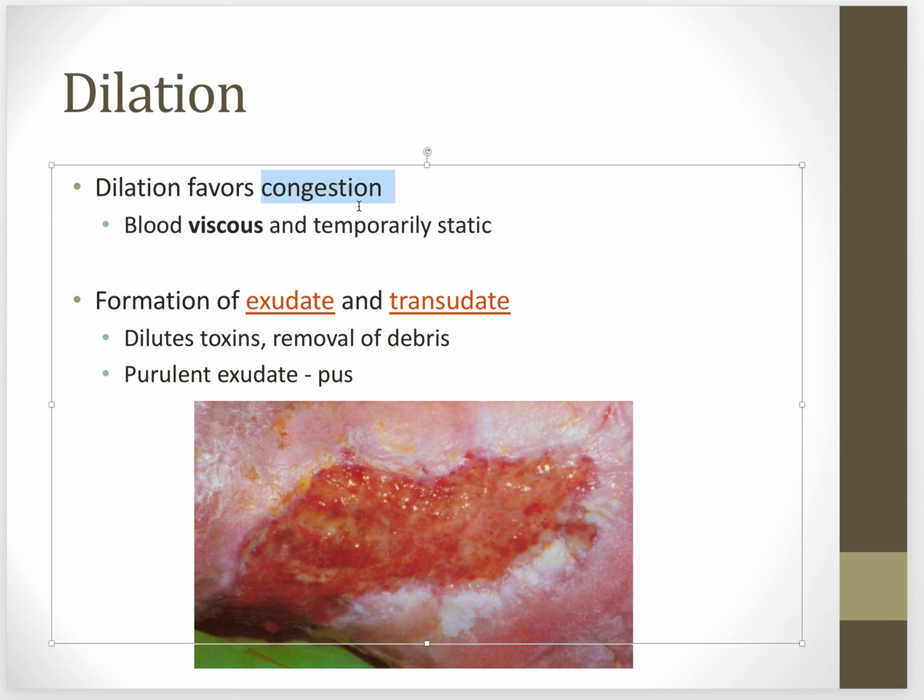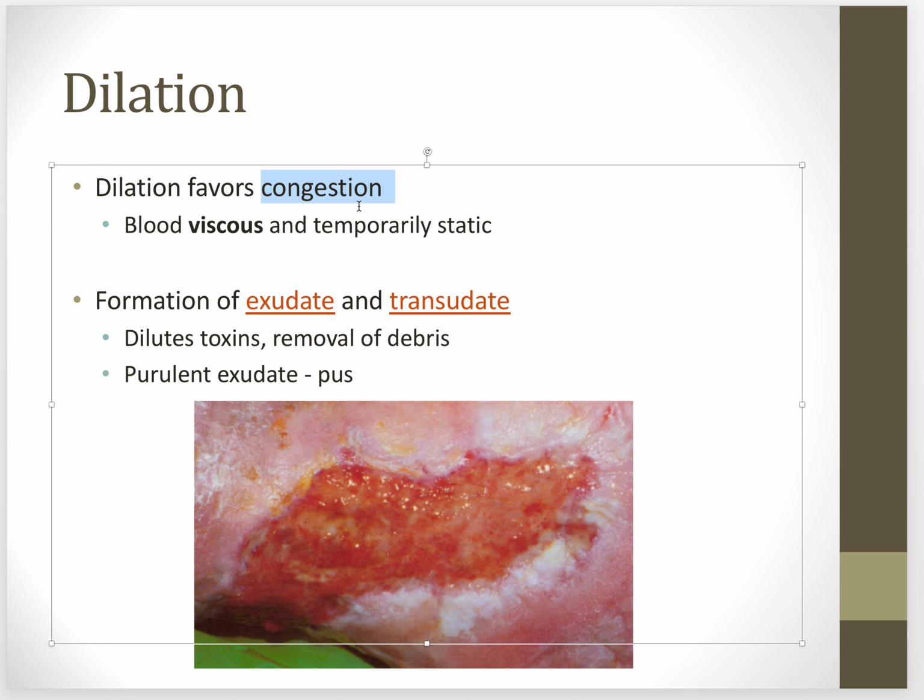Remember, capillaries are one cell thick. There's no muscle there really to contract and make the blood velocity go up. It's just going to slow down. So the blood becomes thick because it's losing fluid, and it just kind of stays in one place temporarily. You can't live like that, obviously, but it becomes very thick or viscous and temporarily static.